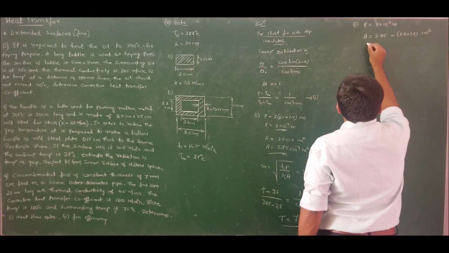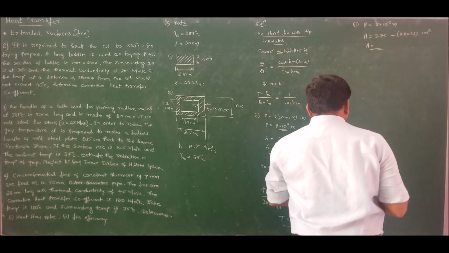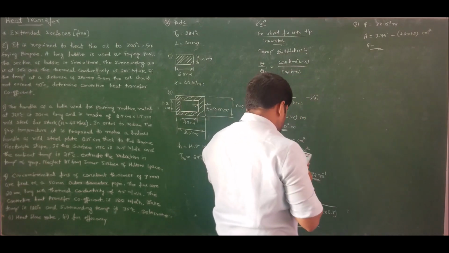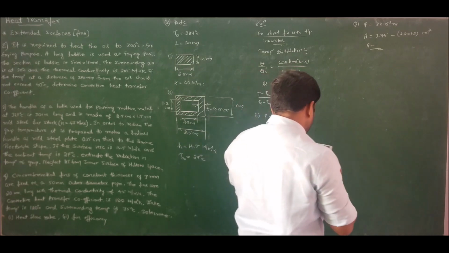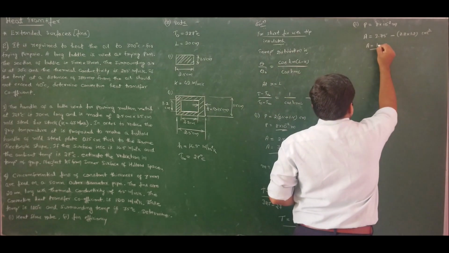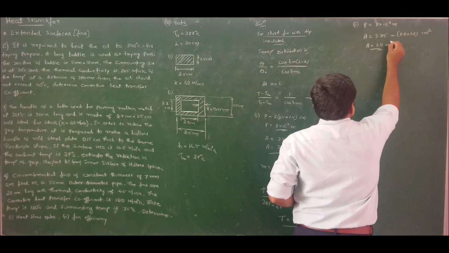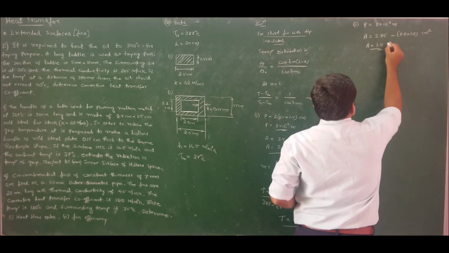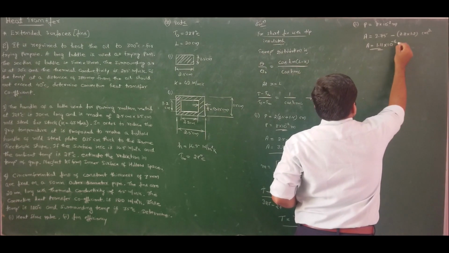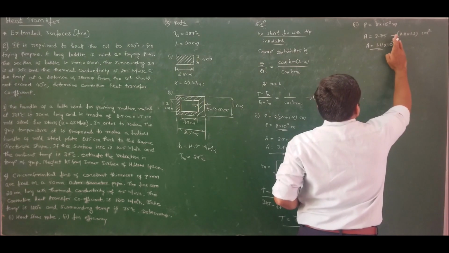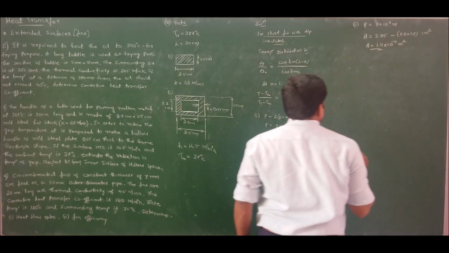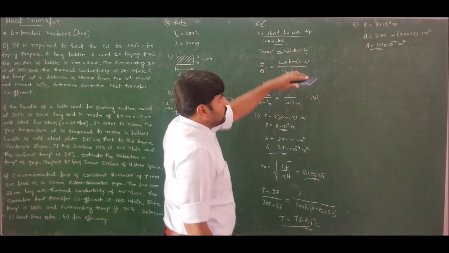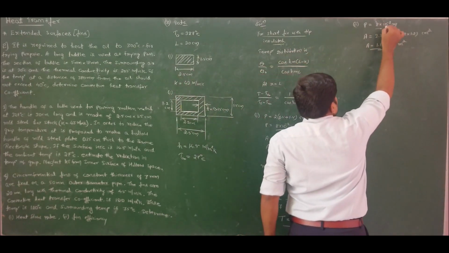So the new cross section area of the ladle will be 3.75 minus 2.2 into 1.2, which turns out to be 1.11 into 10 to the power of minus 4 meters square.